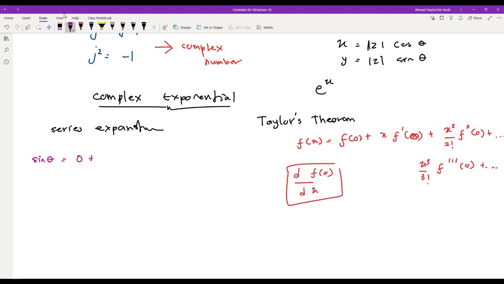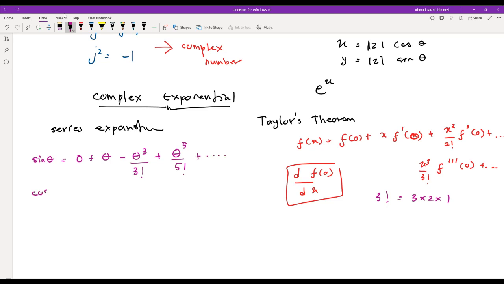So we get the value of theta, then continues with 0, and then theta power of 3 over 3 factorial. If you are confused what 3 factorial is, 3 factorial is equal to 3 times 2 times 1, and similarly for 4 factorial, 2 factorial. And then plus theta 5 over 5 factorial plus, you can continue.